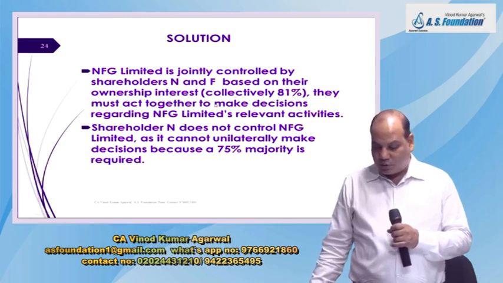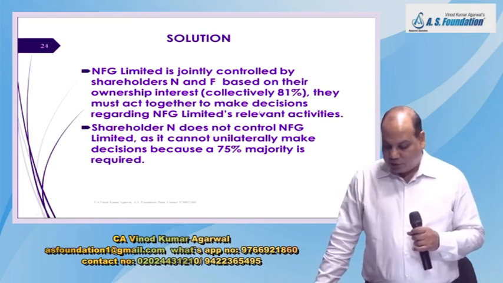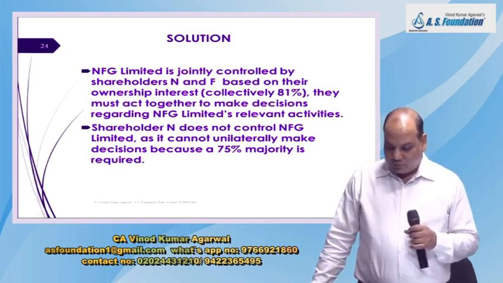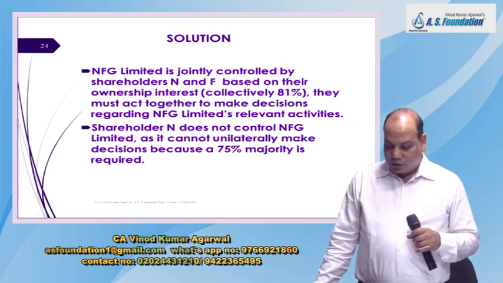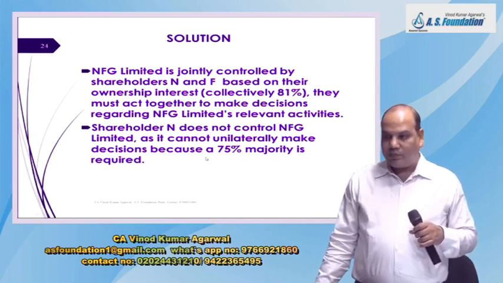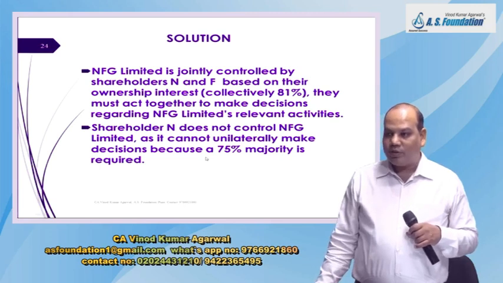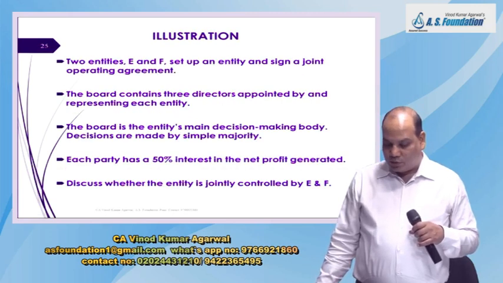They must act together to make decisions regarding NFG Limited's relevant activity. Shareholder N does not control NFG Limited as it cannot unilaterally make decisions because a 75% majority is required. So they have to come together for any relevant decisions to be taken.